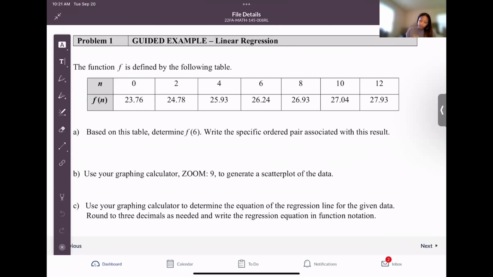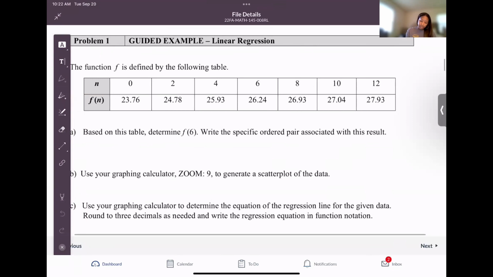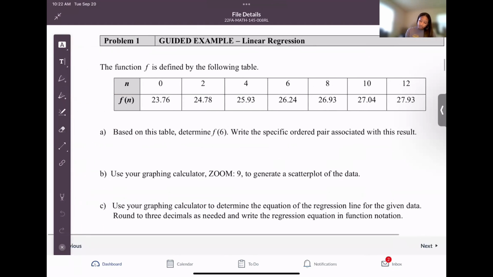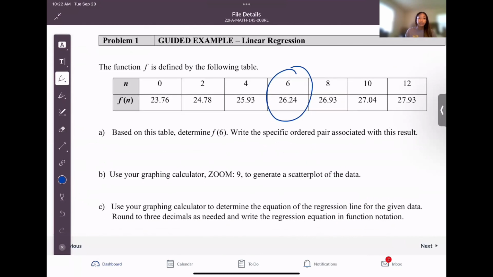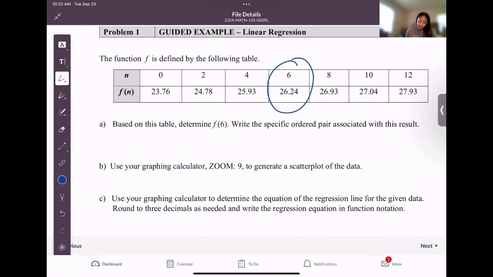According to the table, when the input is 6, the output is 26.24. So f of 6 equals 26.24, and that gives us the ordered pair (6, 26.24).